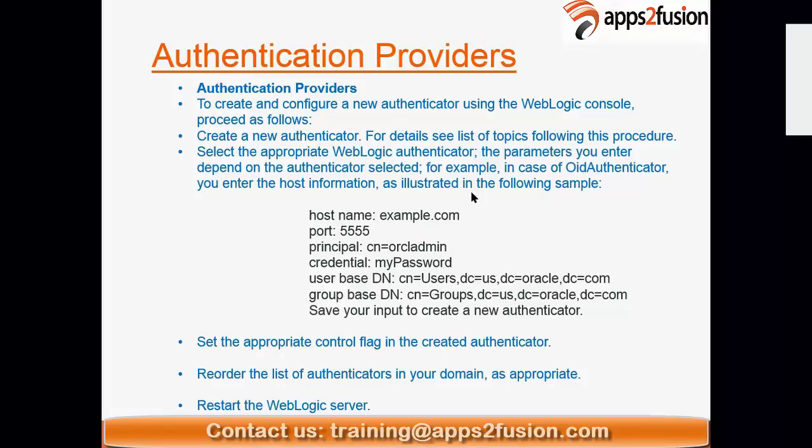Don't forget to reorder, because if you create it and your OID authenticator sits at the last level, it's of no use. So this reorder is important. If you want the OID authenticator to supersede other authenticators, then you have to bring it up. It does of course go one by one, but your OID authenticator will be at the last level.